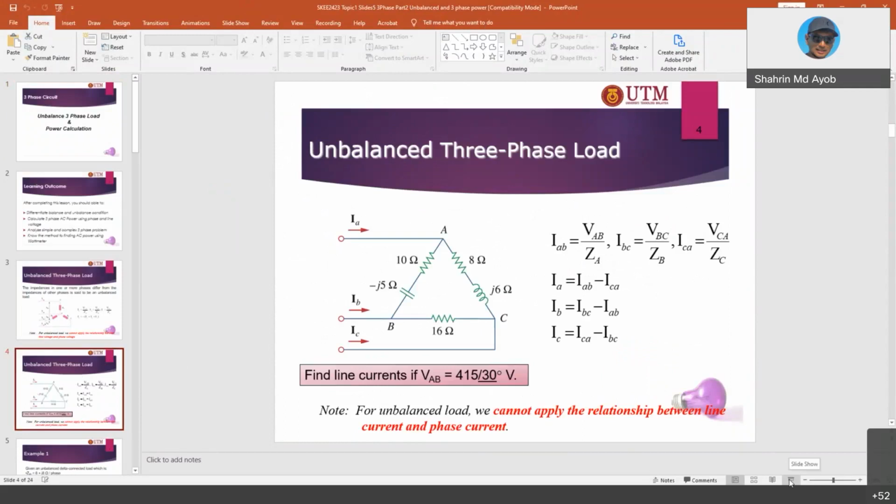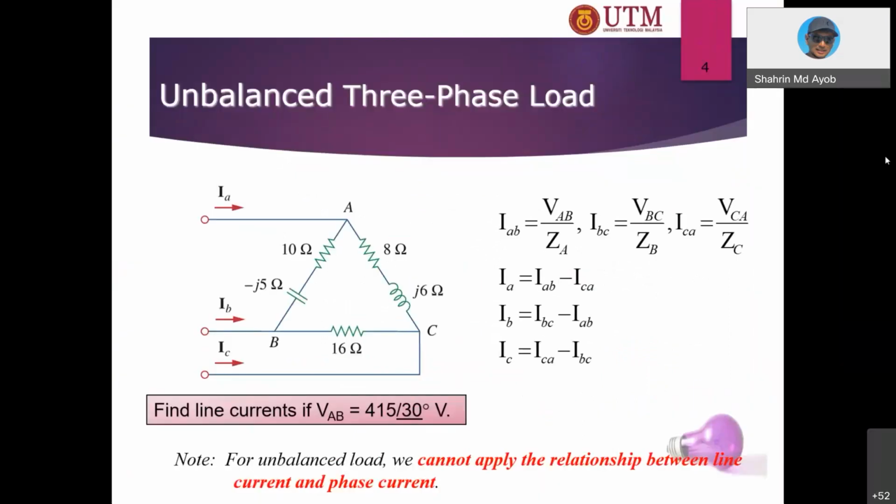For an unbalanced system, as you can see here, we have different load values for each phase. So you are not allowed to use the relationship between V phase and V line, and I phase and I line. You need to calculate it manually.